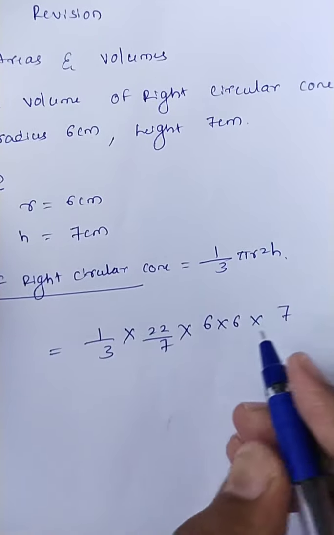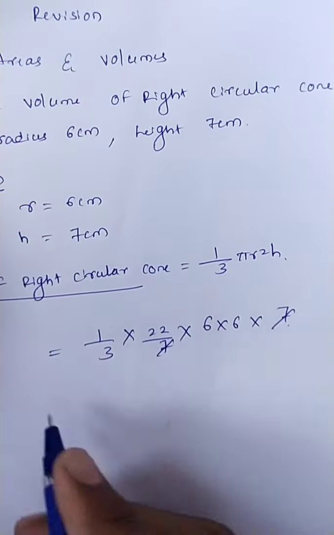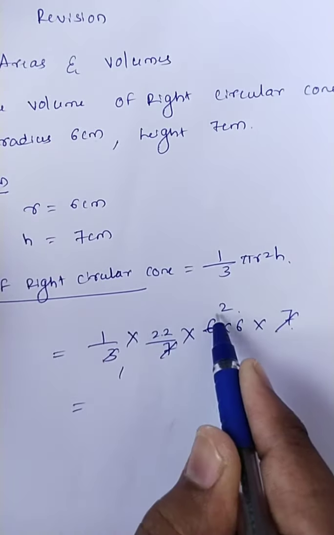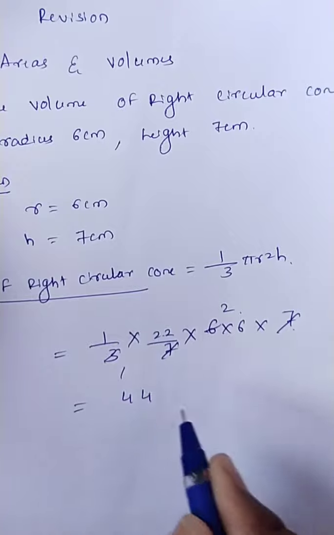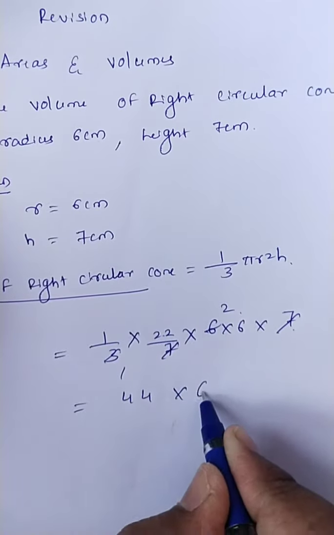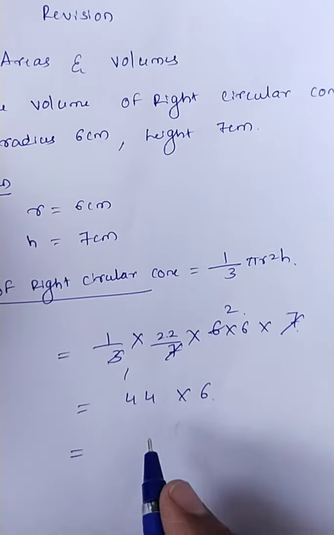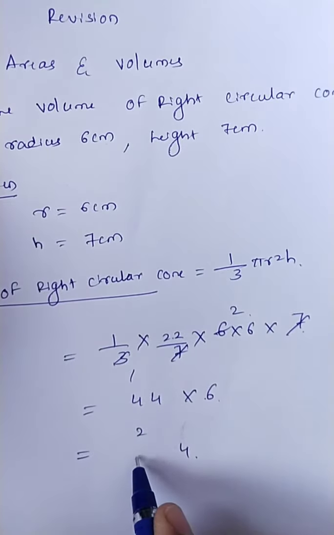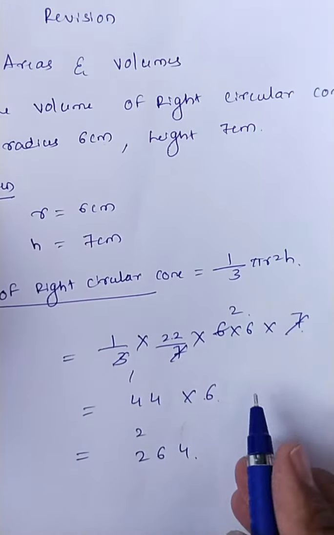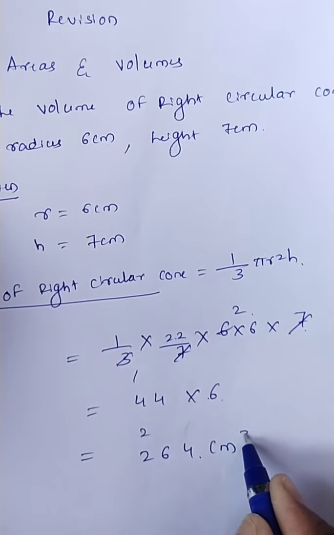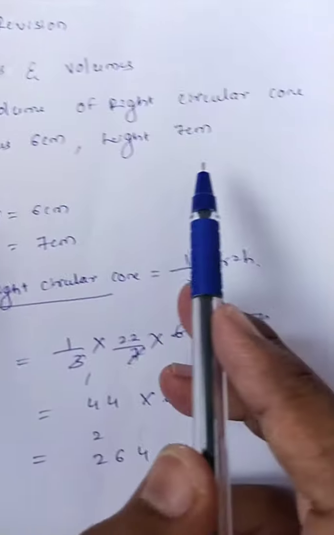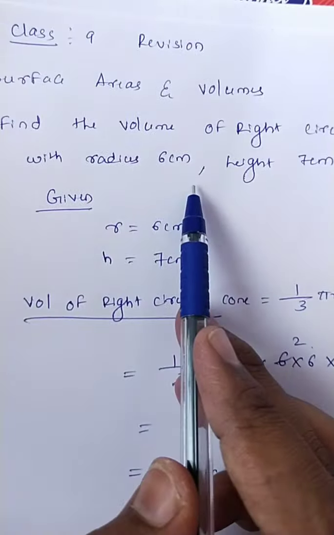This 7 gets cancelled. 3 ones are 3, 3 twos are 6. So 22 into 2 is 44, 44 into 6: 6 fours are 24, 6 fours are 24 plus 2, that is 26. It's 264 centimeter cube.